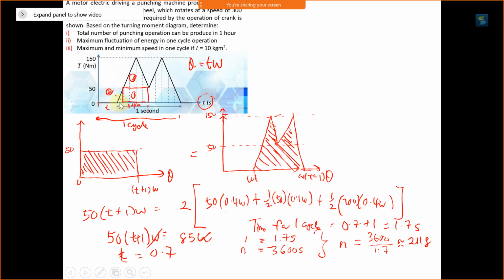Here 0.1 omega, 0.2, 0.3, 0.4, 0.5, 0.6, 0.7, 0.8, 0.9, 1. So from here to here is 1 second. Converting to omega, we get 1 omega.